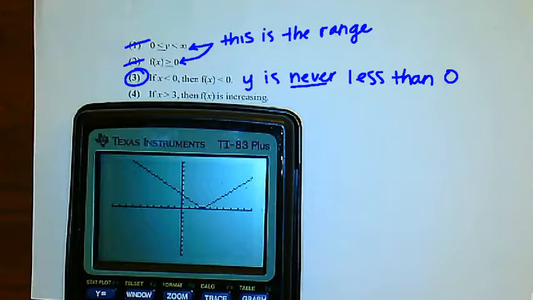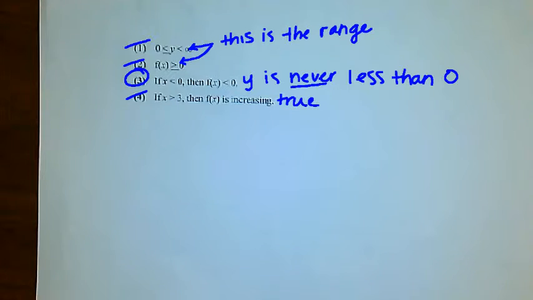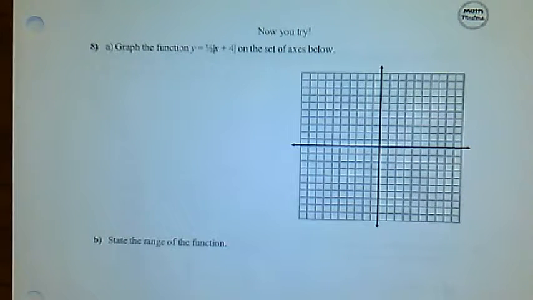Also have to keep going. So if x is greater than 3, then f of x is increasing. That's true. Okay? So number 3 is your answer. All right, so for classwork, I'm going to have you do numbers 8 through 10.